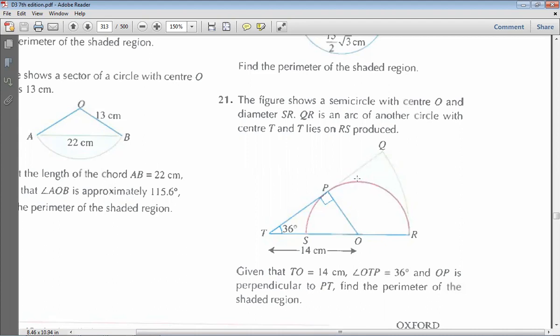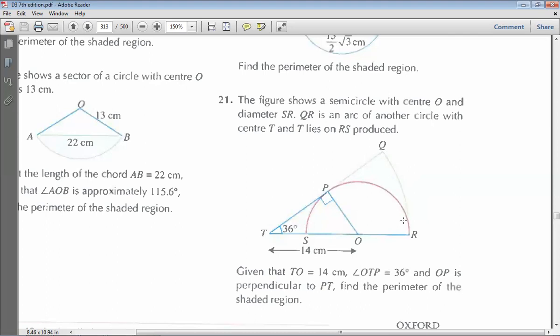This is the shaded region, which is not very clear in this file. If you have the original book with you, you will be able to see it in your book. Its perimeter will be this arc. I can tell this arc very easily. I know this angle.